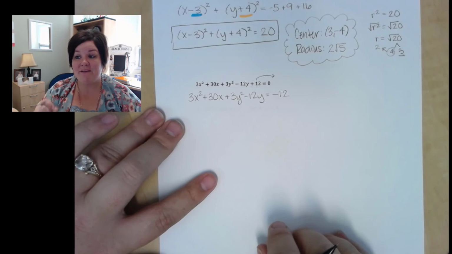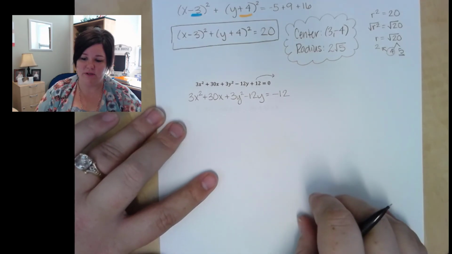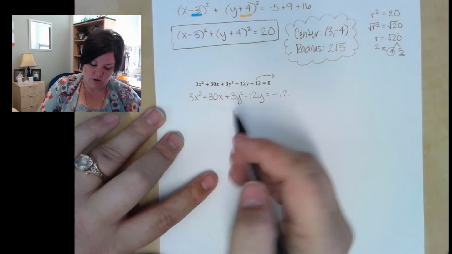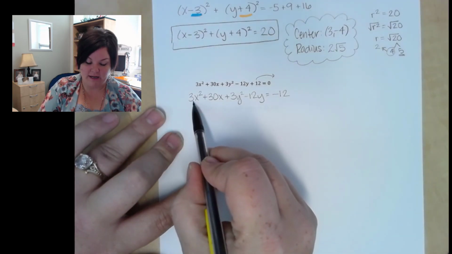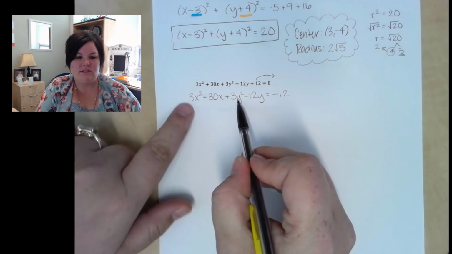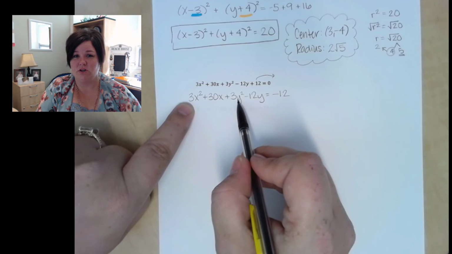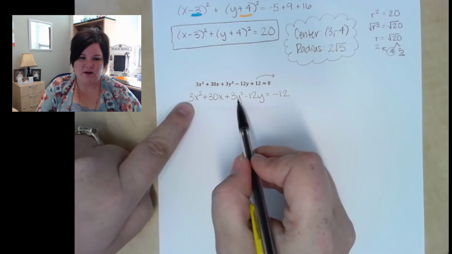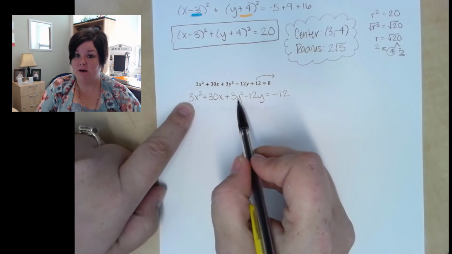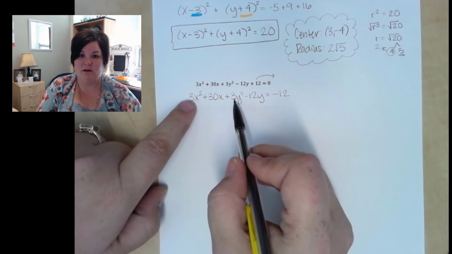Then we have to make sure our leading coefficient is a 1, because if it's not a 1, we can't do completing the square. Notice here our leading coefficient for our x squared is 3, and for our y squared it's 3. If there is something to divide off, it will be the same on both the x squared and the y squared term. You'll either have just x squared and y squared and you won't have to divide anything off, or what you divide off will be the exact same number on both.